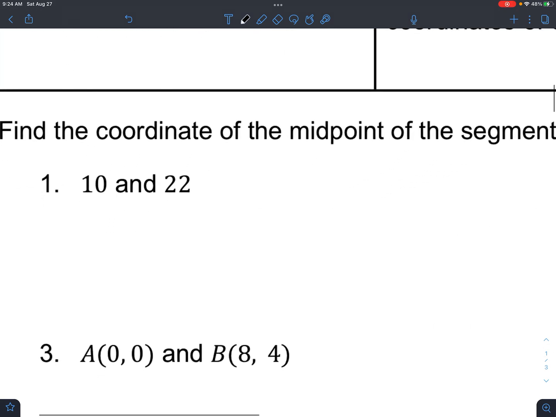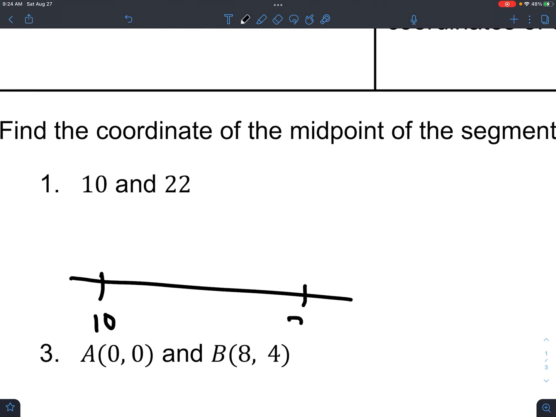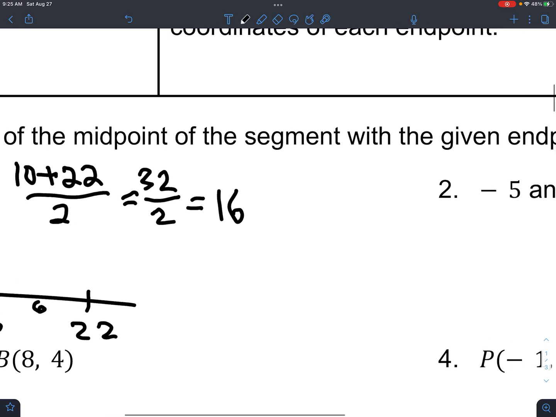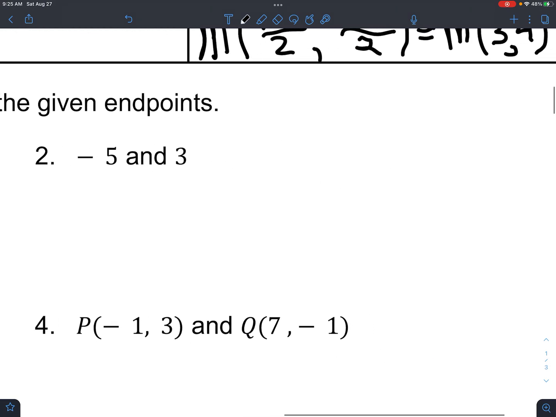Okay, so some more examples here. In the middle of those two is the number 16, because this would be 6 and 6, right? But if you want to do the calculation, you can see that that formula works fine. Okay, and we could have negative numbers too.